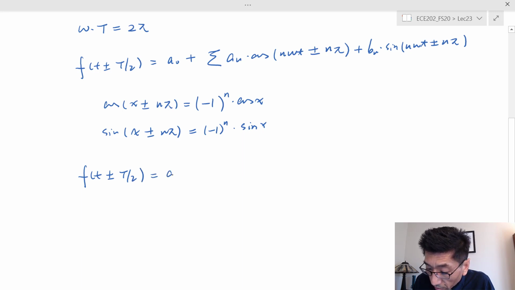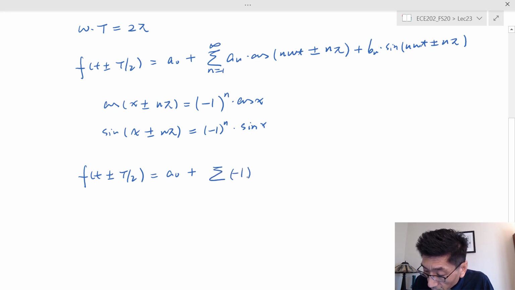So based on that, we can rewrite these equations as f(t plus or minus T over 2) equal to a0. And now I have negative 1 to the power n, so I should put it inside the summation, because the n is inside.